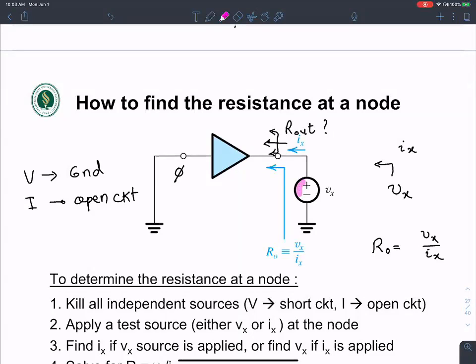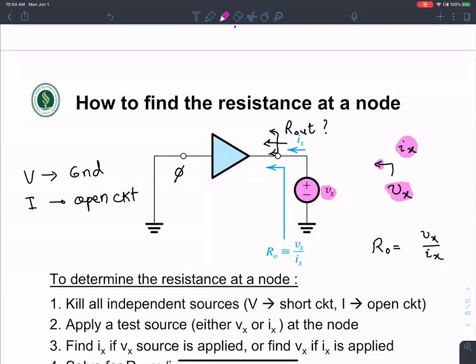I mentioned there is a general approach to find the output resistance: apply a test voltage and look at the test current. Test voltage, that is Vx, and calculate the test current Ix. Now, if you massage your equations to represent Vx over Ix, we can get an analytical solution for R0. We are going to see application of that in today's class.